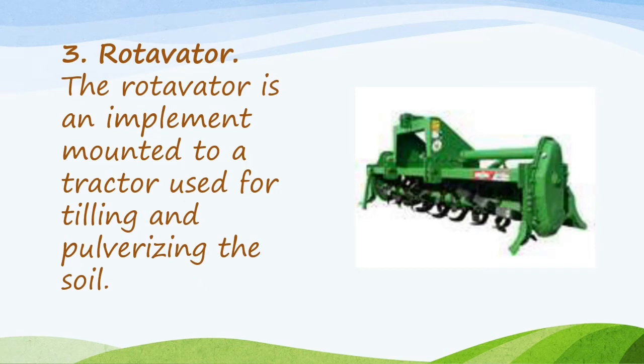Number 3, rotavator. The rotavator is an implement mounted to a tractor used for tilling and pulverizing the soil.